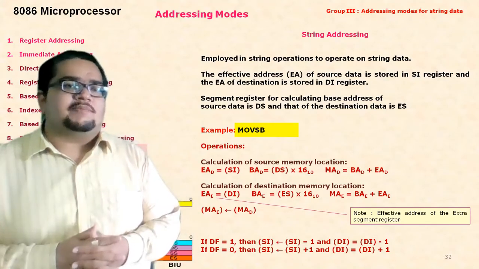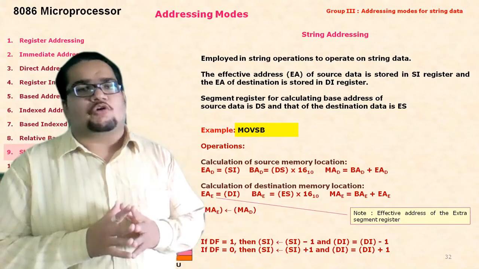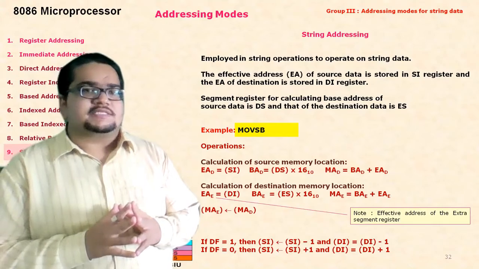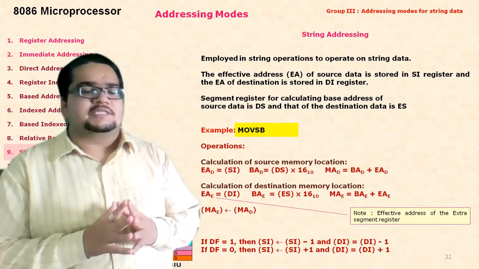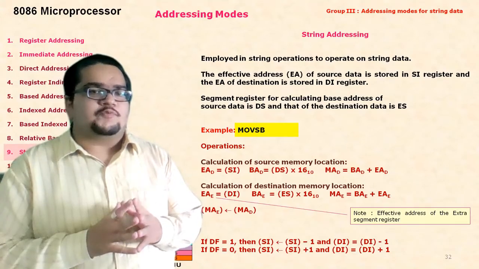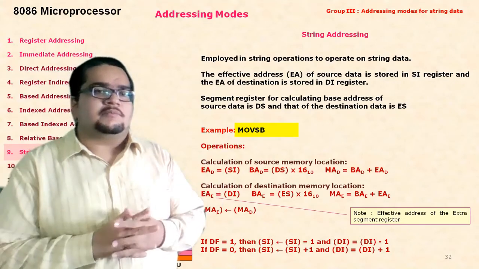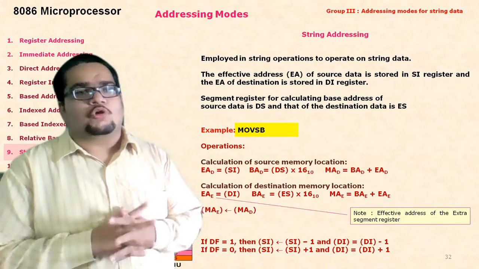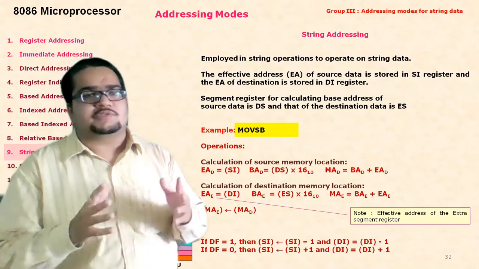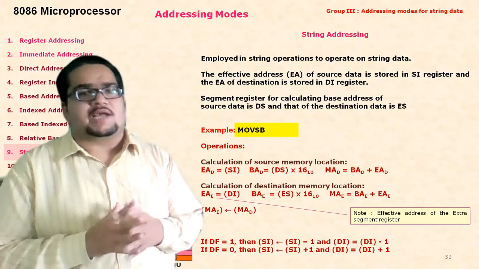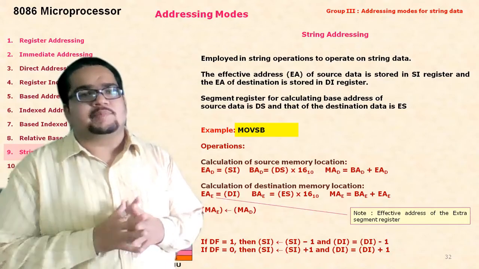One important thing is the direction flag, which we studied while talking about the flags of 8086. DF is very important in string manipulations, because it decides whether the string instructions will be auto incrementing or auto decrementing. Suppose I am writing MOVSB, and I have a source string of 5 characters that has to be moved to some destination.